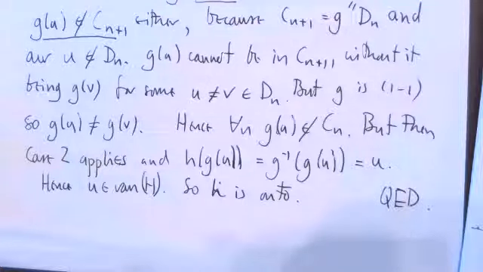So that's one way of showing that two sets are bijective. It might be easier to find injections from one to the other and vice versa than to actually demonstrate that there is a bijection.